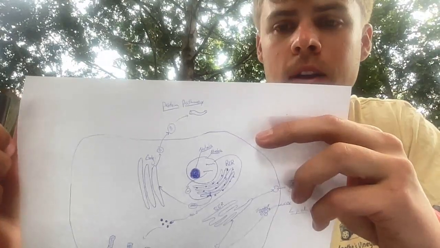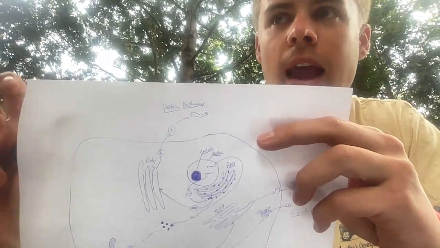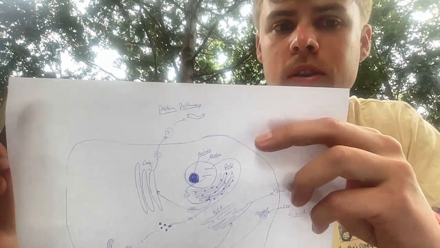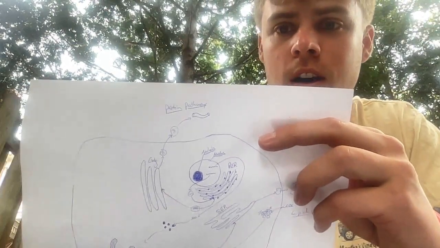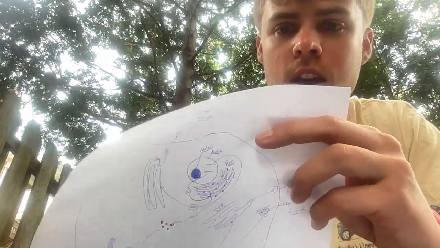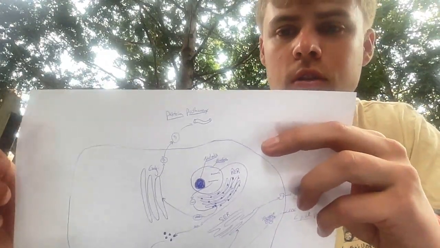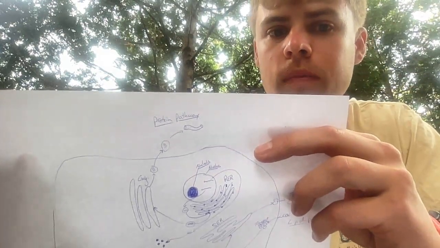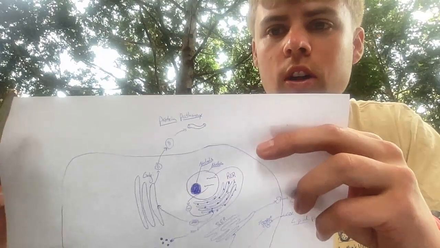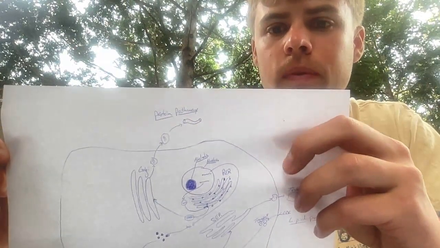From there, it exits the cell via exocytosis and is put into the extracellular space, which is outside of our cells. Once outside, it goes through a cleavage process and turns into procollagen, and then it gets cleaved again into collagen.